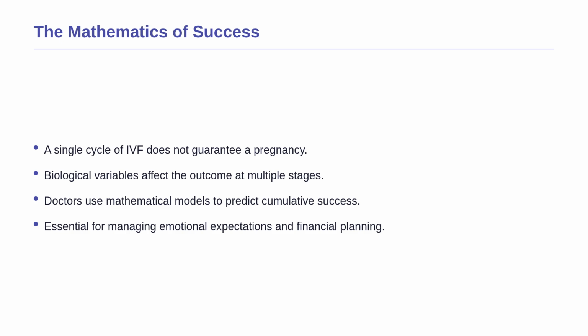Because of this reality, doctors use a cumulative probability formula to help patients understand their true chances of success over multiple IVF attempts. This mathematical model is not just for scientists. It is essential for counseling patients, helping them manage their emotional expectations, and planning the financial aspects of their treatment journey.